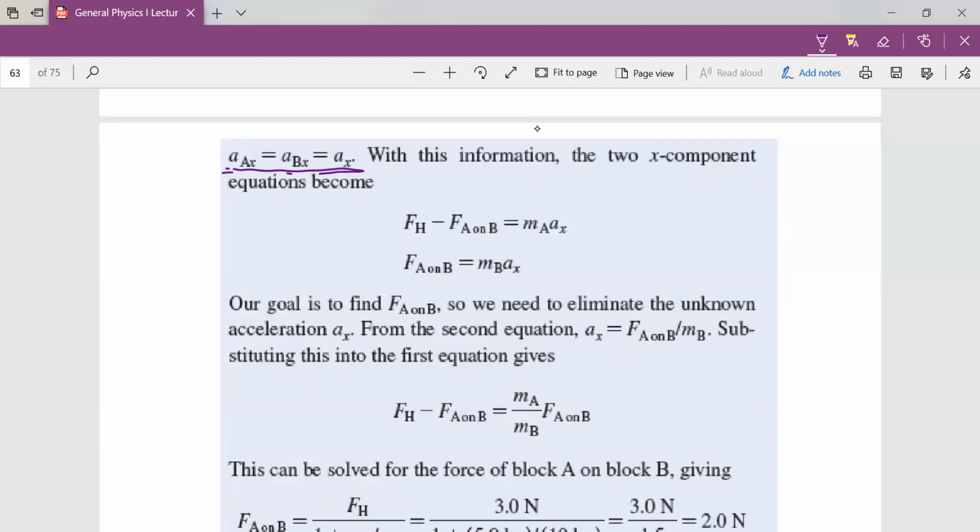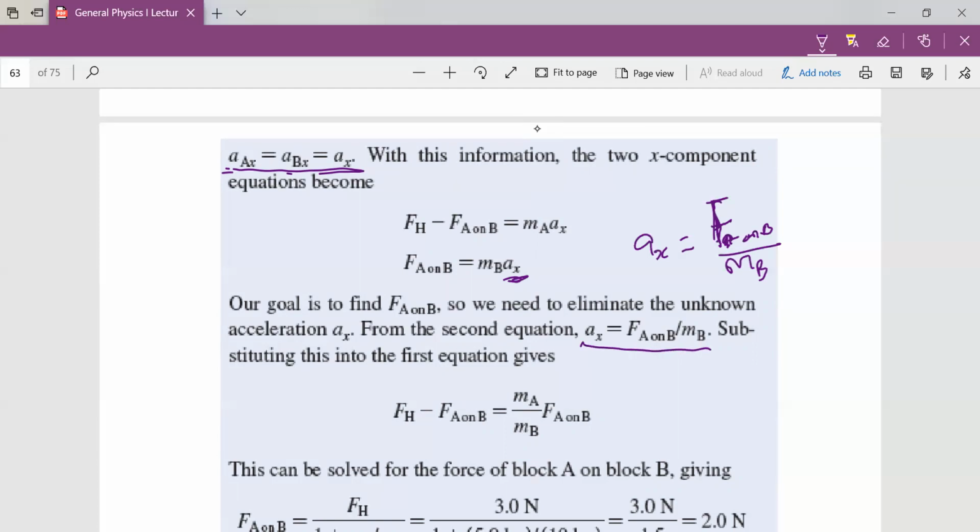Since the acceleration is the same for both, we'll make it the subject of formula. So the acceleration will be equal to the force of A on B divided by the coefficient of the object I'm making subject of formula. All right, so that's what we have here.